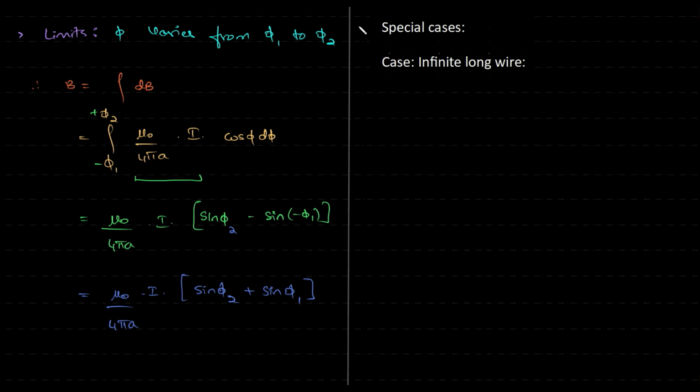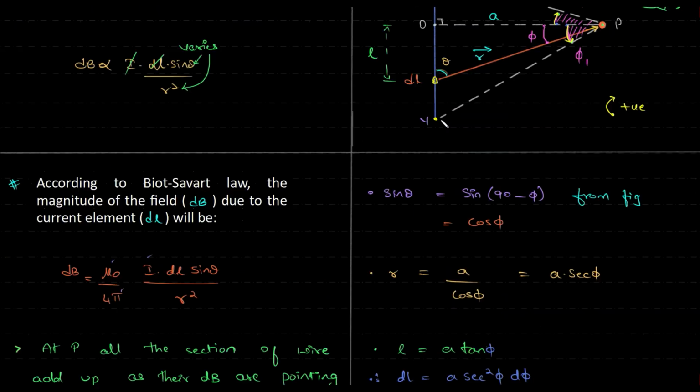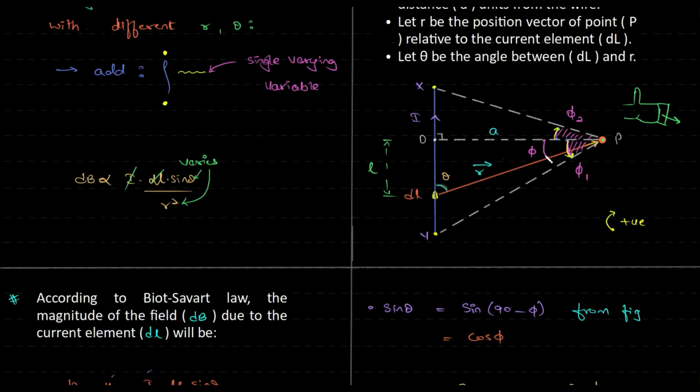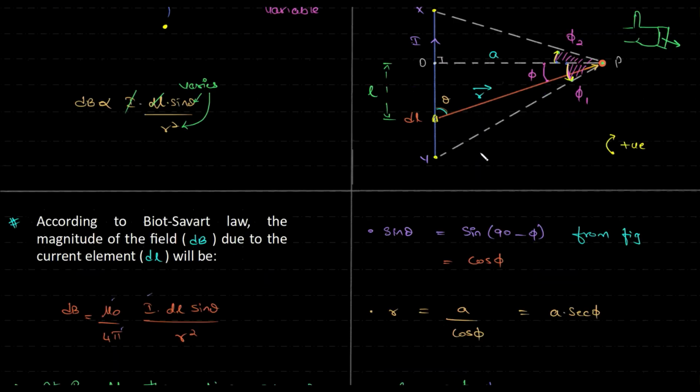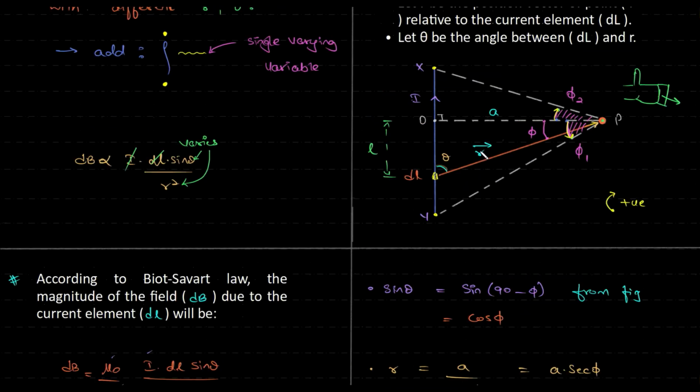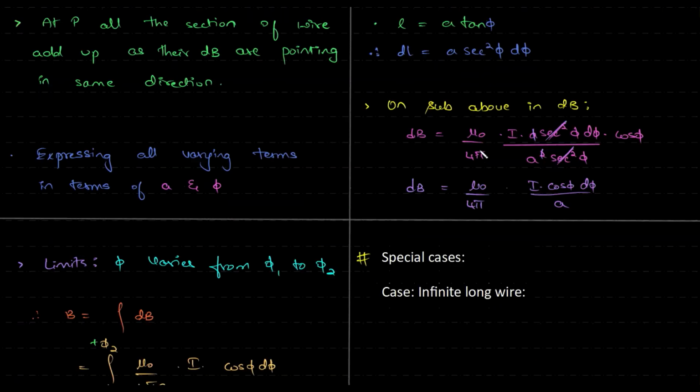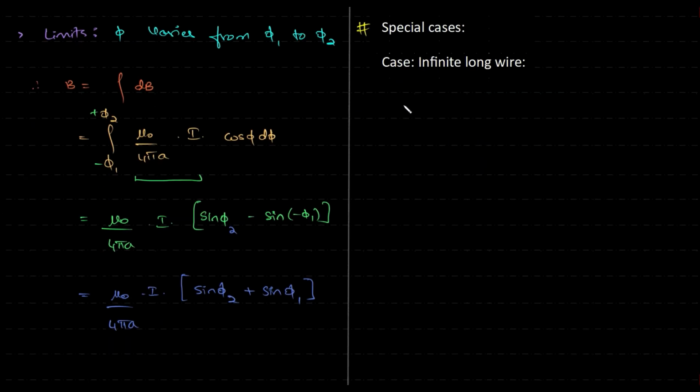Agree? Now, special case. What if it's infinitely long? What will happen to the angle? Think about it. If I make the wire infinitely long, how much should it open up? A lot, is it not? How much? Almost 90 degrees. So phi1, or say the upper limit, will be equal to 90 and the lower limit will be equal to minus 90.